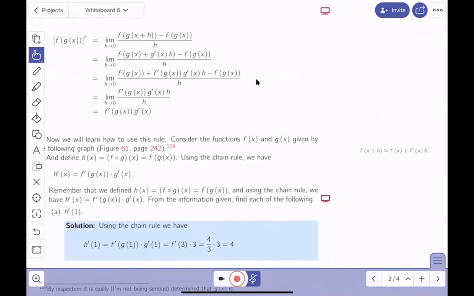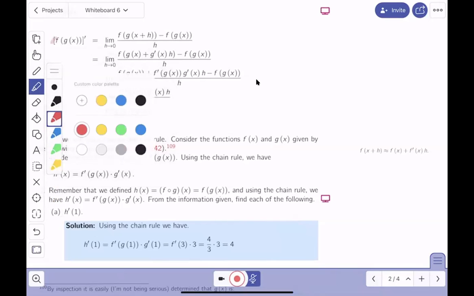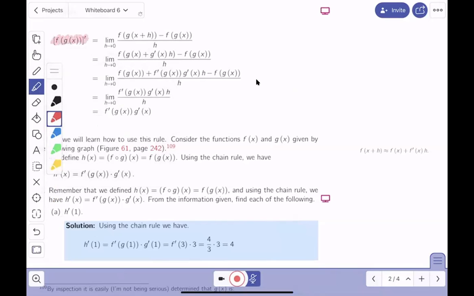So before I do anything, writing the first line down should be relatively simple. Let me point out what I mean by that. Here, I'm using my definition. That's all I'm doing. So it's going to be the function evaluated at x plus h minus the function evaluated at x, divided by h.